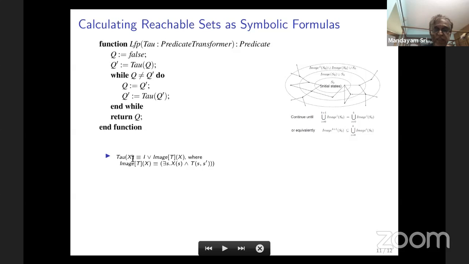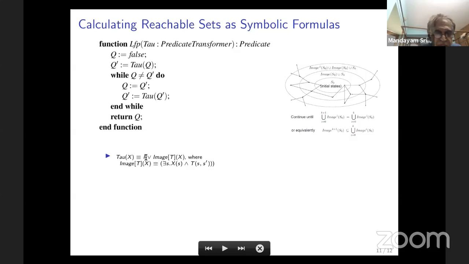So given a formula X denoting a set, this is what it does. It takes the image of that X formula. Here I'll be interchangeably using formulas and sets of states, okay? You should not get confused with that, because we are using that in an interchangeable fashion. So X is actually a formula, and it happens to represent a set of states.